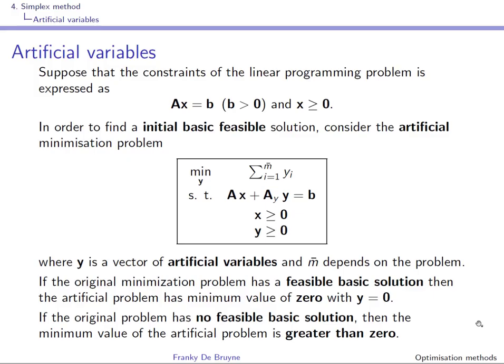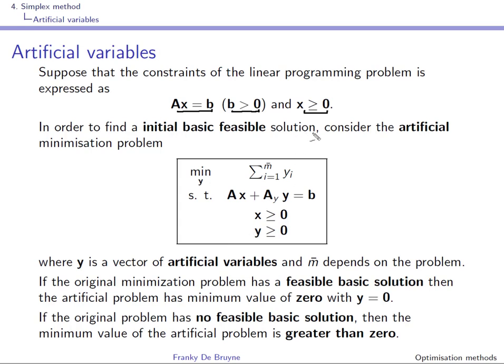In general, you'll have to proceed as follows. You start from the original problem, you bring it into its standard form, and then you obtain a set of equations: Ax equal to b, x non-negative, and b positive, right? This is important, so check that this is the case. If one of the b's is negative, multiply the underlying equation by -1.